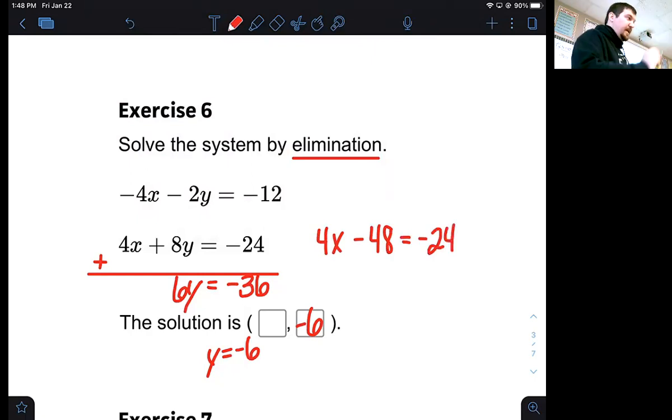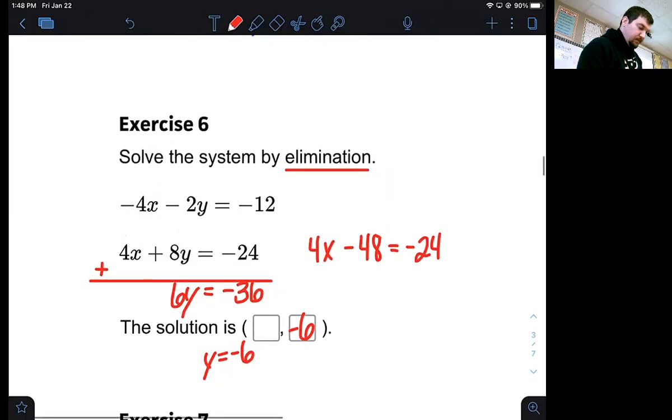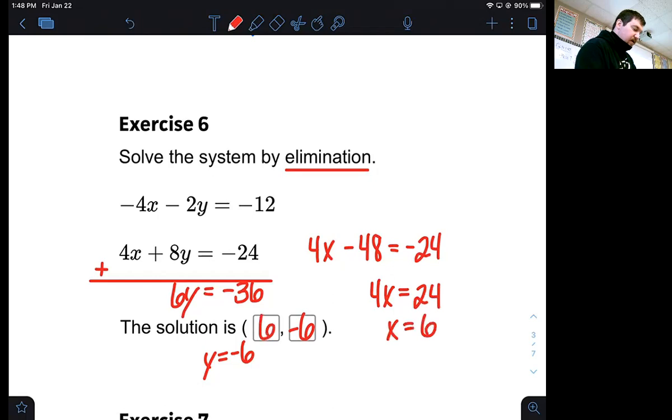Jace, what happens when you move that negative 48 over to the other side? It equals 24. Okay, and then divide by 4 and you get 6. So 6 comma -6. Make sure you're using parentheses for your ordered pairs.